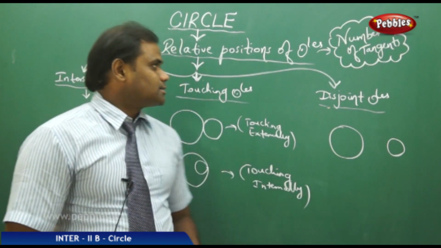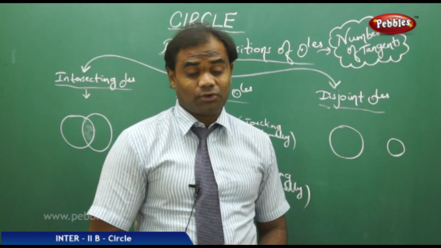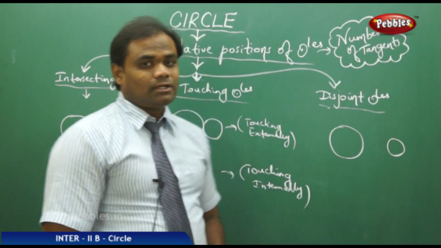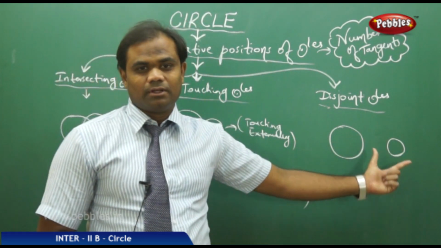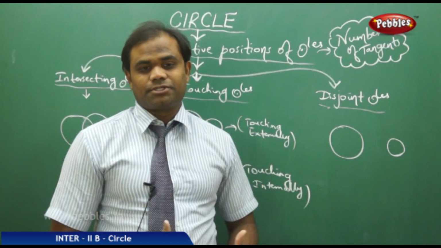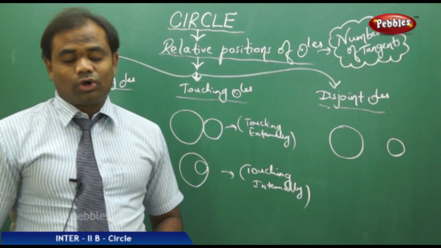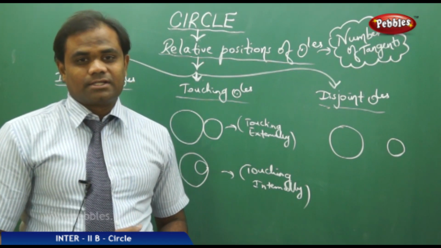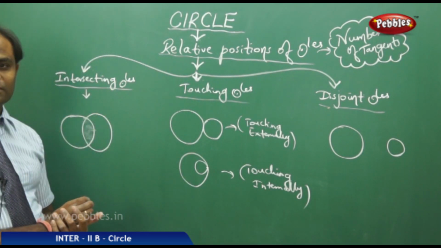Now let's connect the relative positions of circles with the number of tangents which can be drawn for that position of circles. Now, as we have taken three different cases of circles which are possible when you take them in relative positions of combined circles, now let's see how the common tangents can be drawn. Now we know that a common tangent is a tangent which is a tangent to both the circles together.